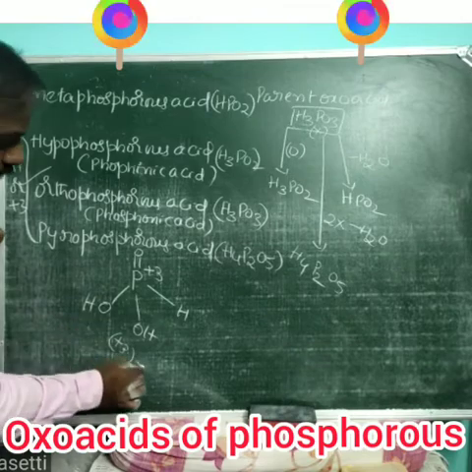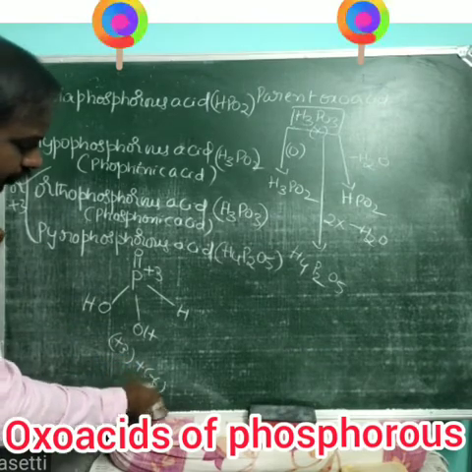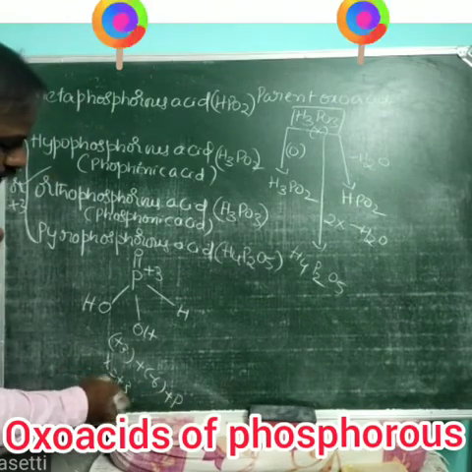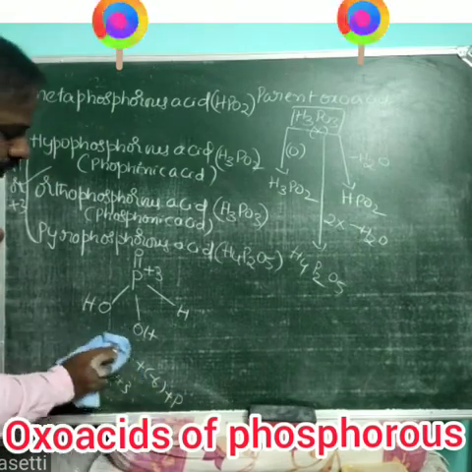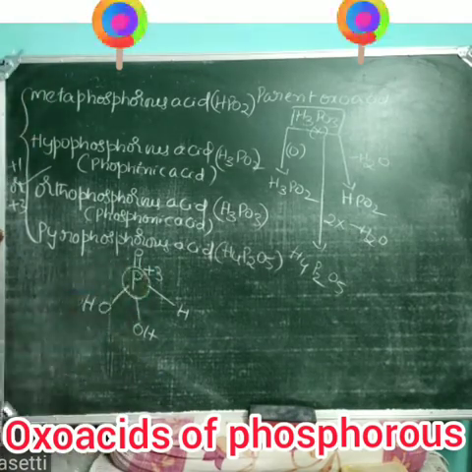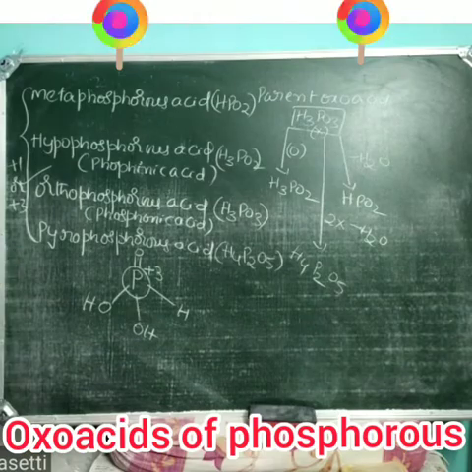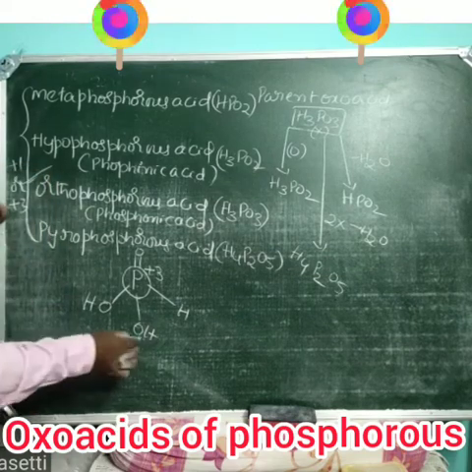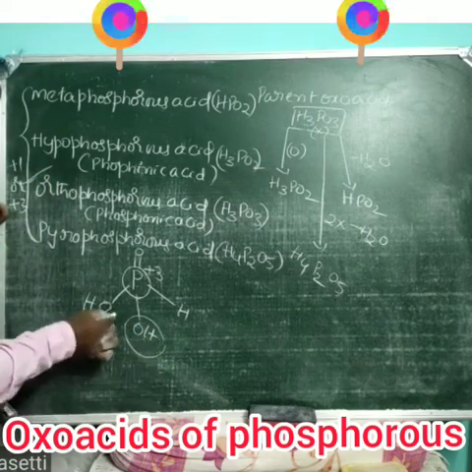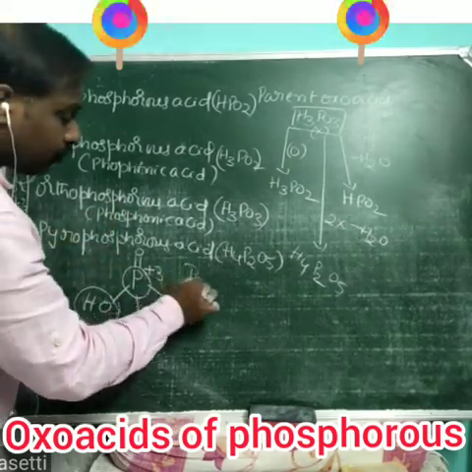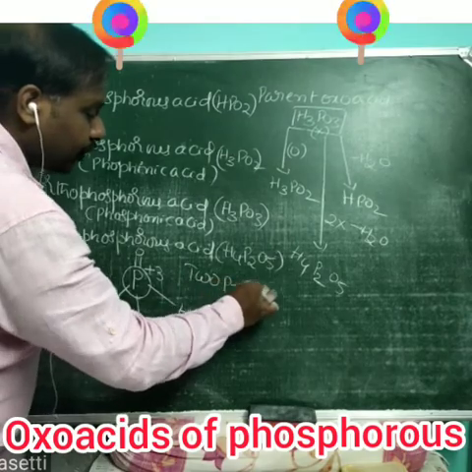Oxygens, 3 are there, so 3 into minus 2 is minus 6, plus phosphorus, so you will get +3. In this manner, we can calculate the oxidation number. And remember, phosphorus always contains 5 bonds, or if it contains 3 bonds, then it must contain 1 lone pair. So this is the structure of orthophosphorus acid. In orthophosphorus acid, how many OH groups are there? 2. So it contains 2 P-OH bonds.